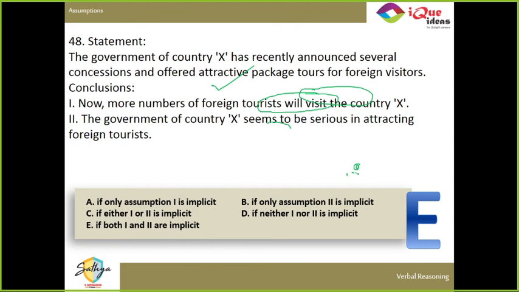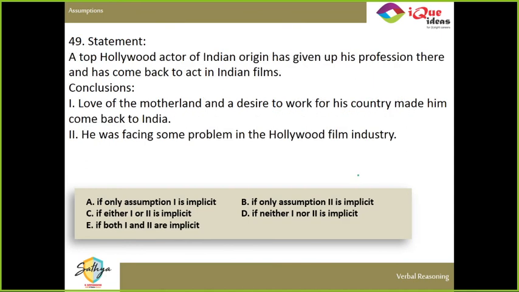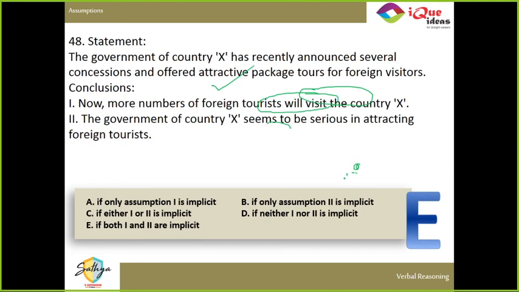Okay. Next. A top Hollywood actor of... one second. I'm going back to the previous one. Rihani has a question. Okay. One, true, because the government wants more tourists, but we're not sure there will be more tourists. Assumption, Rihani. These are all questions of assumptions. Although it is written conclusion here, technically we are actually talking about assumptions.